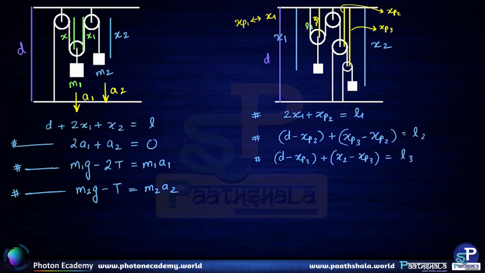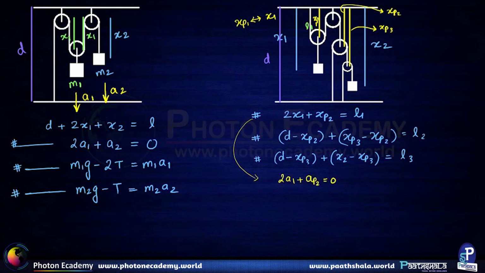On double differentiating each of these equations we get, from this, 2 times a1 plus ap2 is equal to 0.